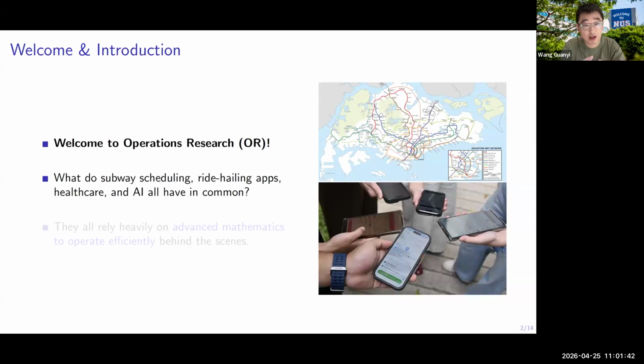For example, what about subway scheduling, ride-hailing apps when you try to get some food or packages, and in healthcare, how you schedule the nurses and doctors to each of the departments?